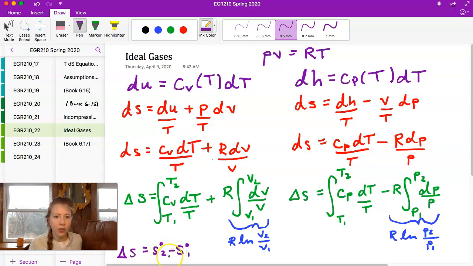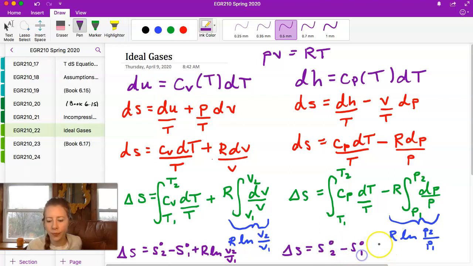So S degree 2 minus S degree 1 plus R ln V2 over V1. And so we can also approximate it using pressure relations. So delta S is going to equal S degree 2 minus S degree 1 minus R times the natural log of P2 over P1.